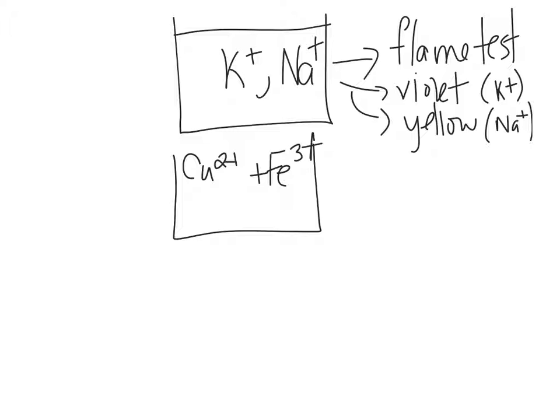When you do a precipitation reaction, the first thing you're going to pick is something that will precipitate out only one of those ions. So you're looking for a negative ion that will precipitate out only copper 2+ or only iron 3+.